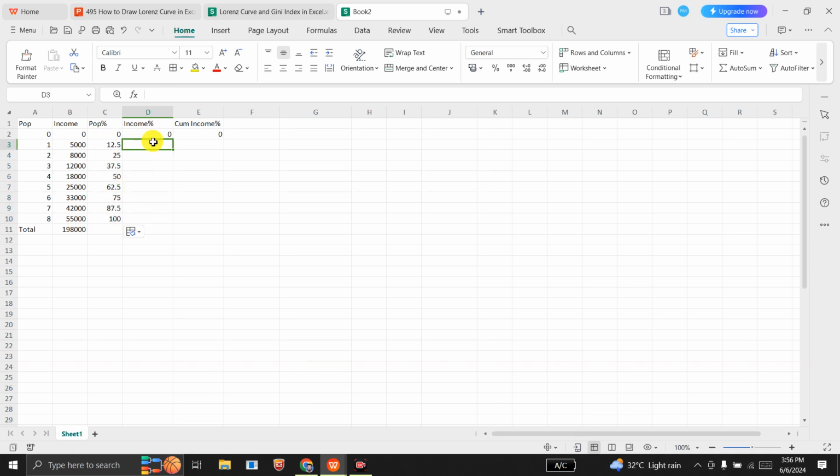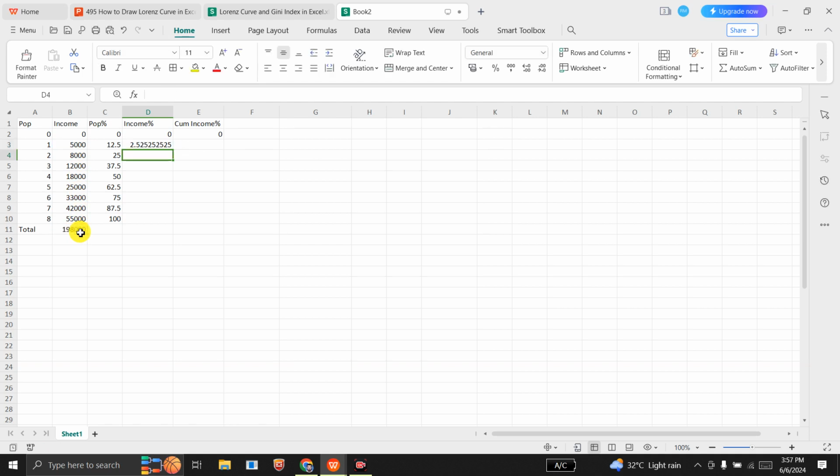Now I'll also calculate the percentage of income earned by each individual, and in order to do that, I'll give this formula. This is the B3 cell divided by the total of income, and I will multiply this by 100.